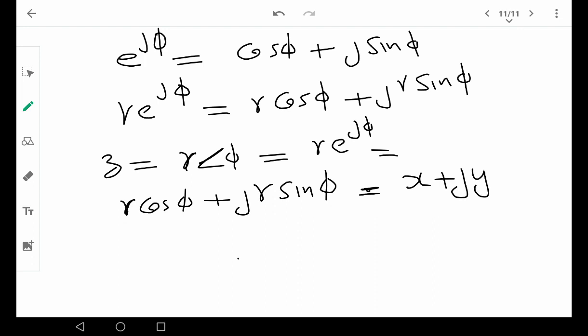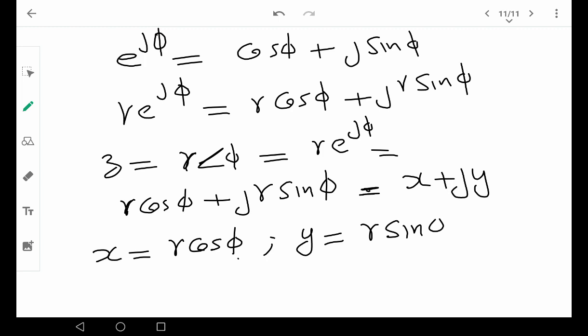So x equal to r cos phi, and y equal to r sin phi.